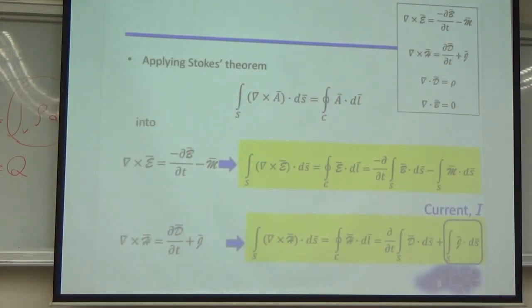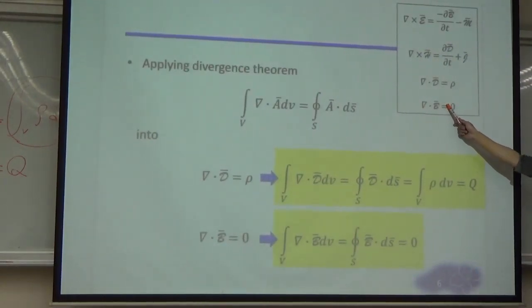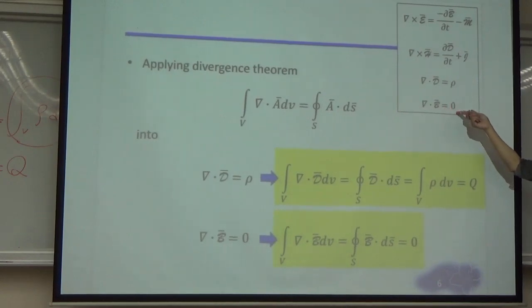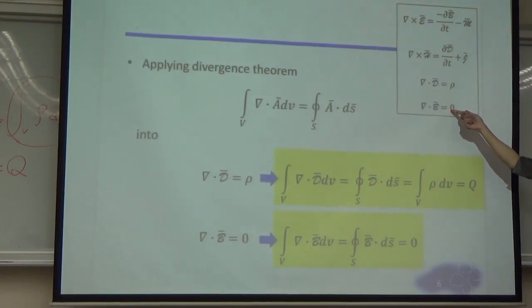Okay. So we can finish that. For the fourth equation, it equals 0, which is good for us. So if you take the integration of the magnetic flux density, it always equals 0.